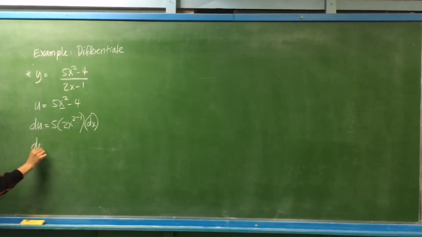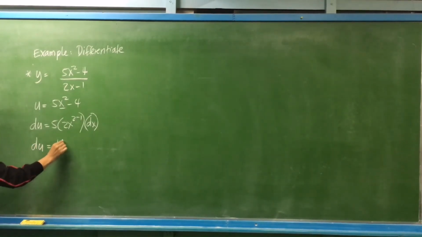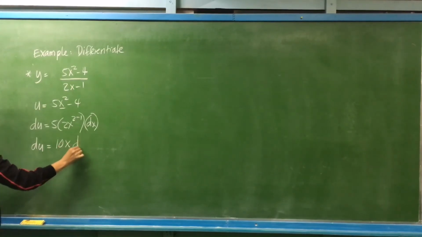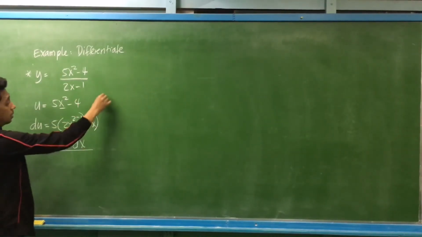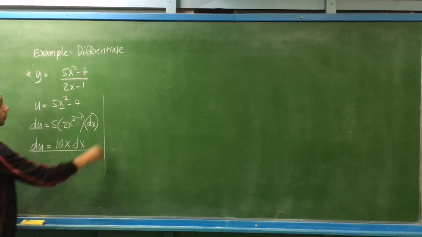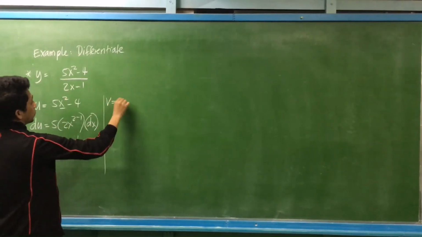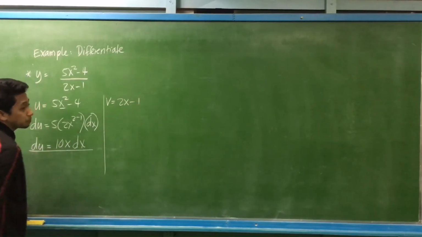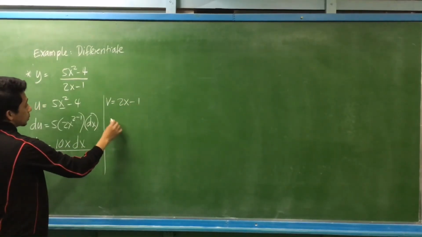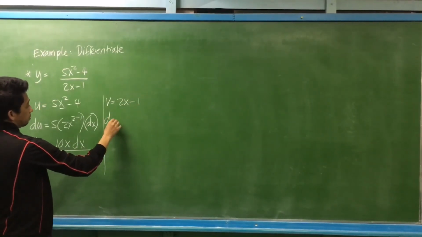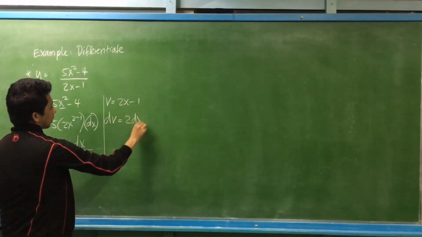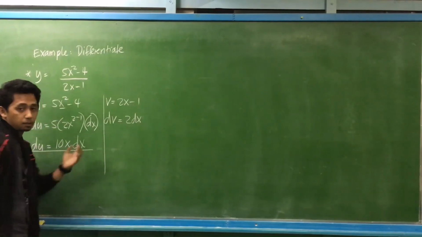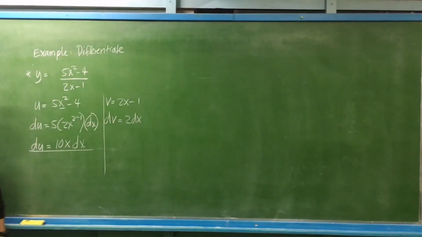So this is the same as du equal to 10x dx. Never mind the 4, that is a constant. Then our denominator is 2x minus 1. Your first derivative, dv, will be equal to 2 times the derivative of x, which is dx, so negative 1, the derivative of a constant, is 0.